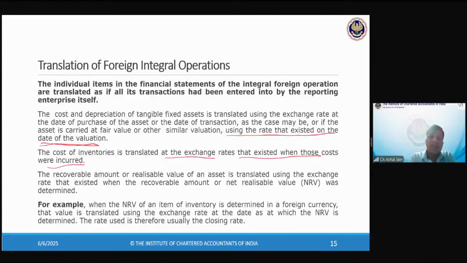If there is a realizable value of the asset that has been considered, for example inventory recorded at NRV, the realizable value is translated using the exchange rate that existed when the recoverable amount or the NRV was determined. For example, when the NRV of inventory is determined in a foreign currency, that value is translated using the exchange rate at the date as at which NRV is determined, meaning 31st March.